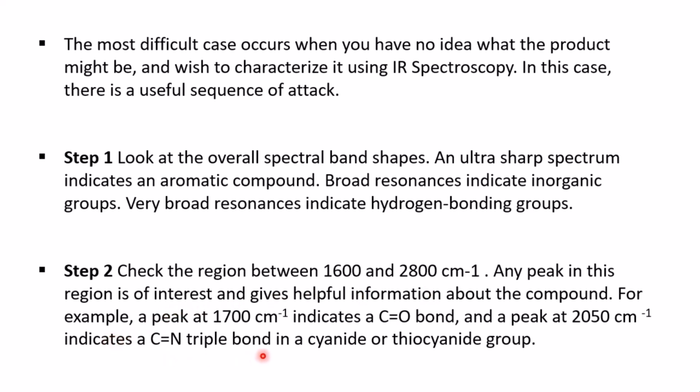So if you have a peak around 1700, it indicates that there's possibly a C=O double bond group, a carbonyl functional group. And if you have a peak at 2050 per centimeter, then it indicates that there's a carbon-nitrogen triple bond or thiocyanide group, right?